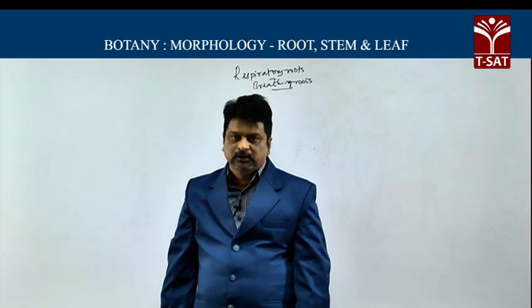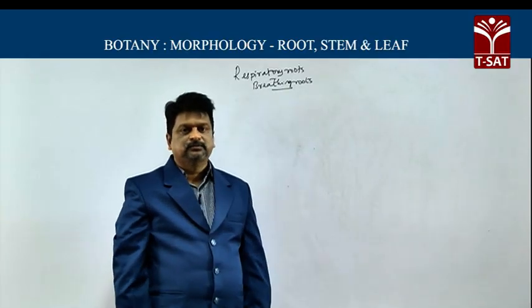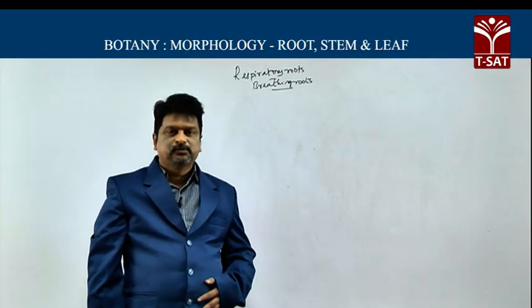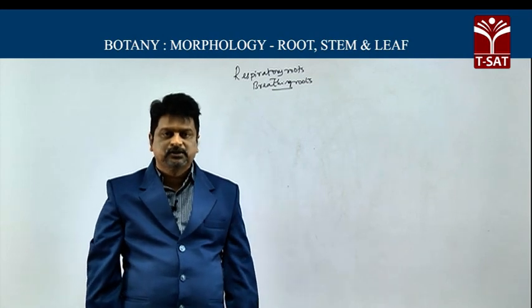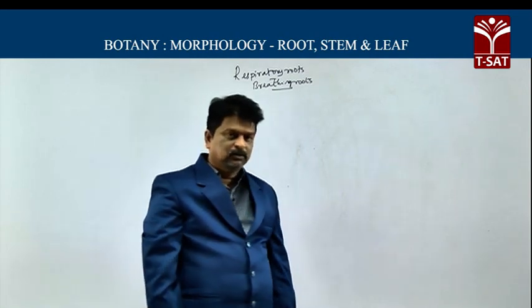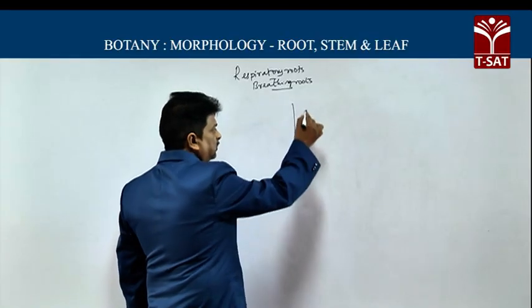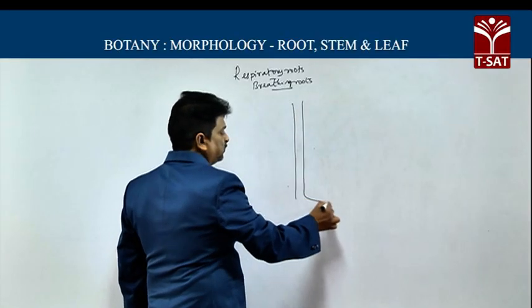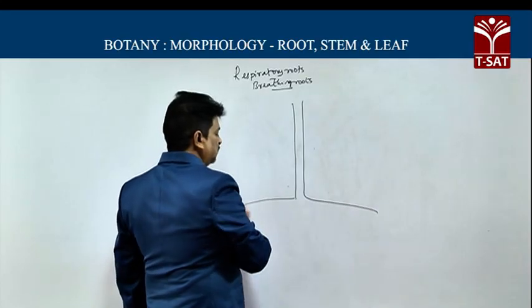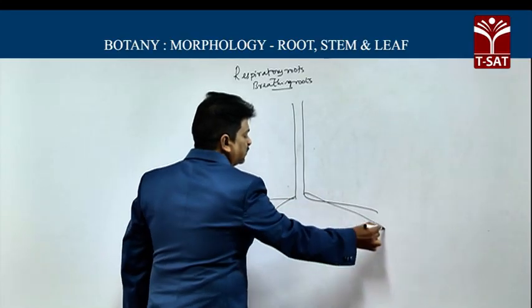Mangroves grow in seashore areas, which means waterlogged conditions. Because of waterlogged conditions, roots cannot respire.